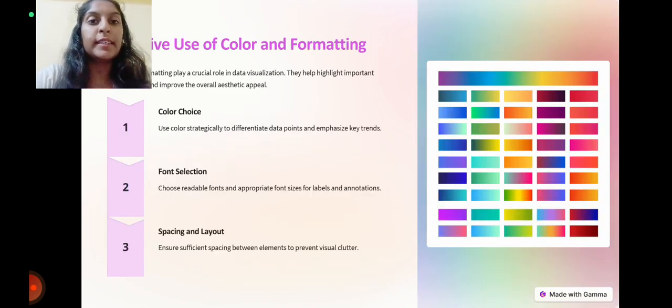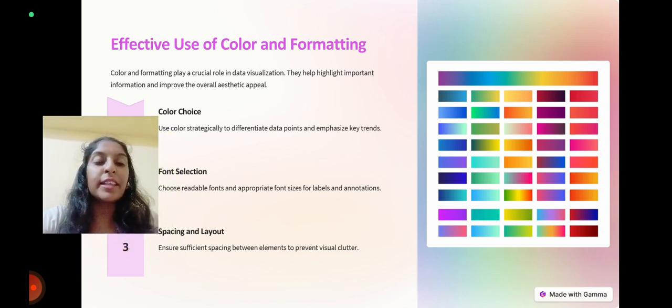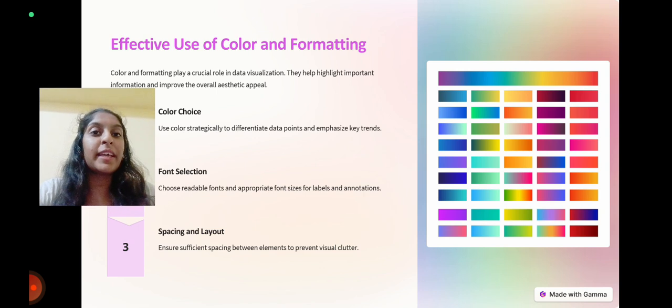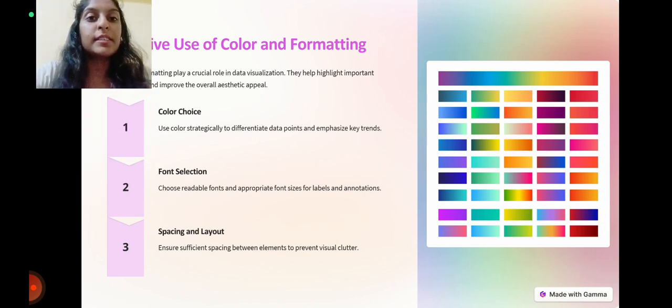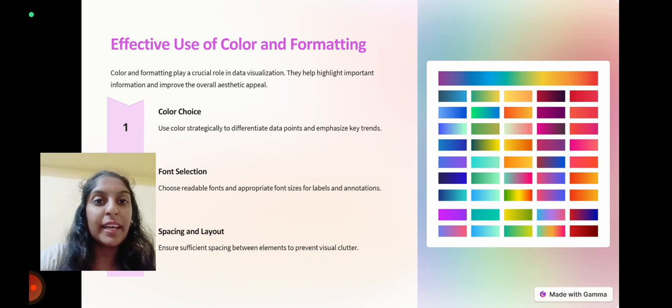Next, let us see the effective use of color and formatting. Let us see why this is useful. Color and formatting play a crucial role in data visualization.